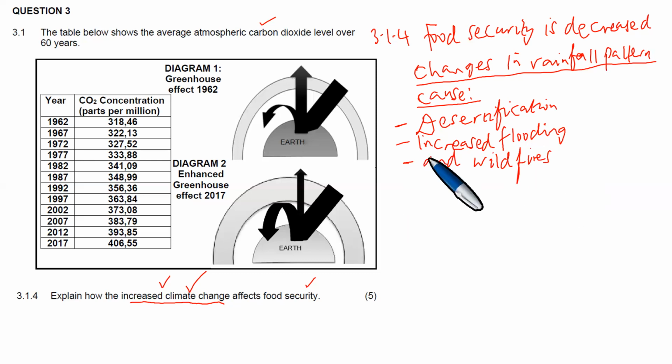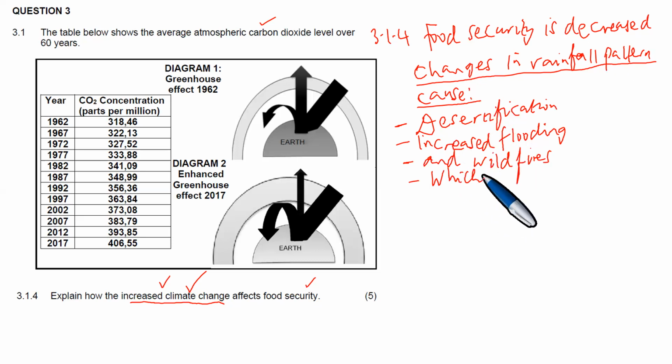So now the bush is burned because of the dryness of the environment that is caused by increased climate change, which is caused by the increase in carbon dioxide levels over the years.